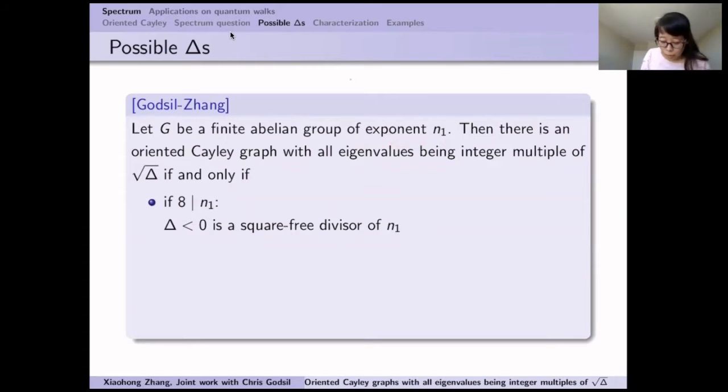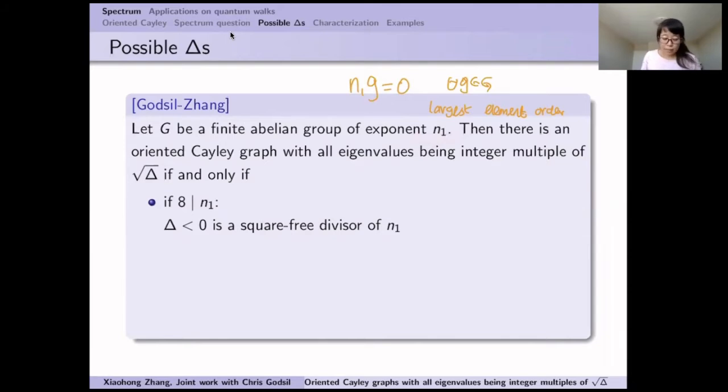The group exponent is the smallest positive integer such that multiplying any group element by this integer gives 0. For an abelian group, it's the same as saying N1 is the largest element order of G. So delta is determined by the group exponent.